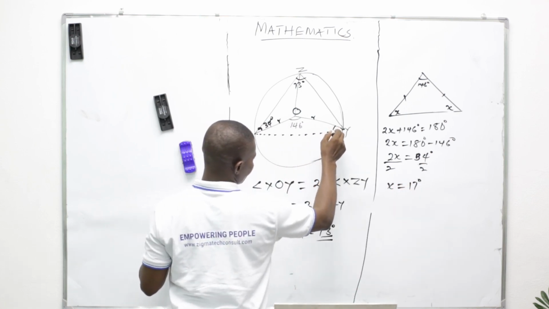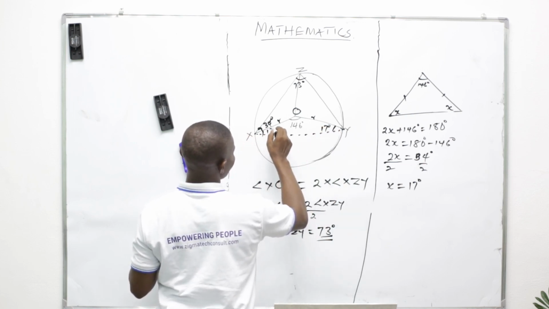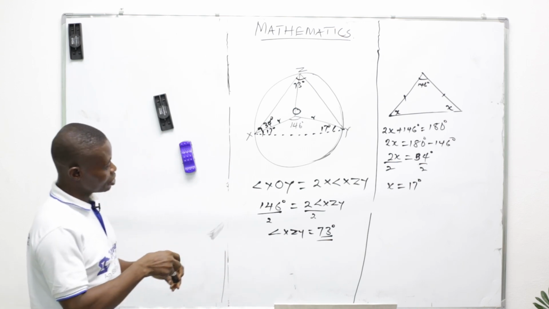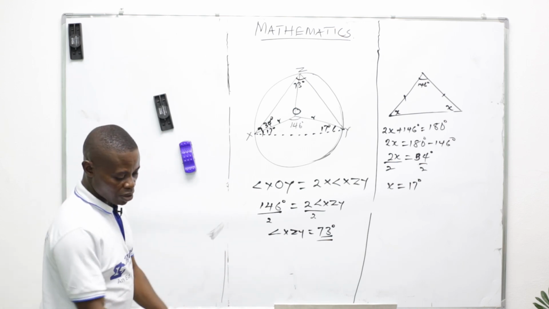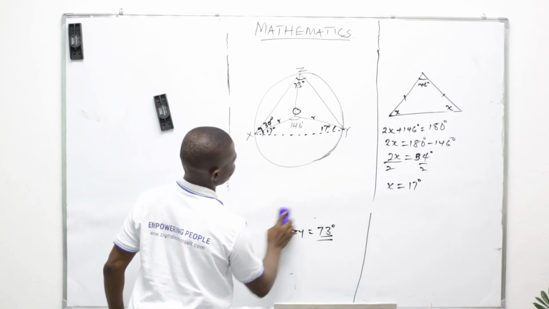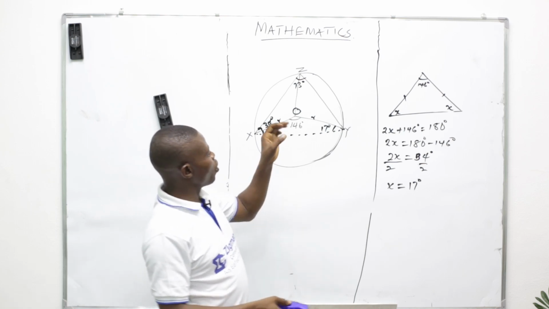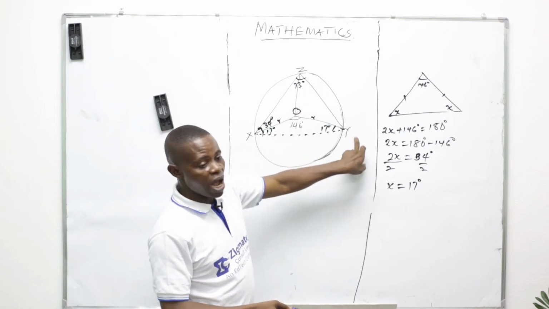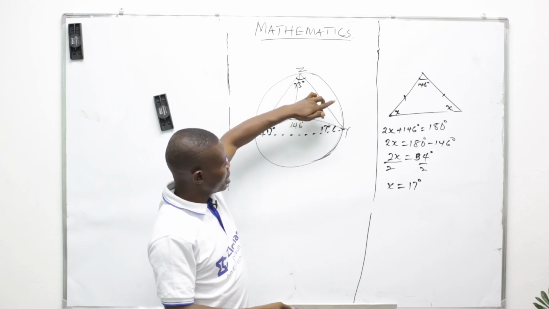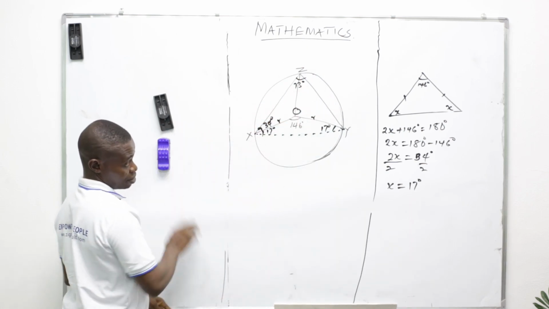Meaning one part of this place is 17. Here is also 17. So as a result of this, let us see our standard triangle now to enable us find angle OYZ. That is what we are interested in here.